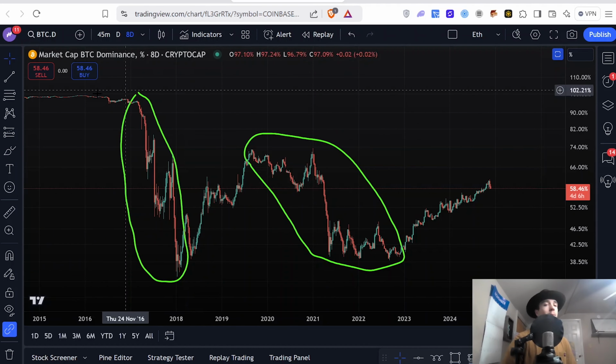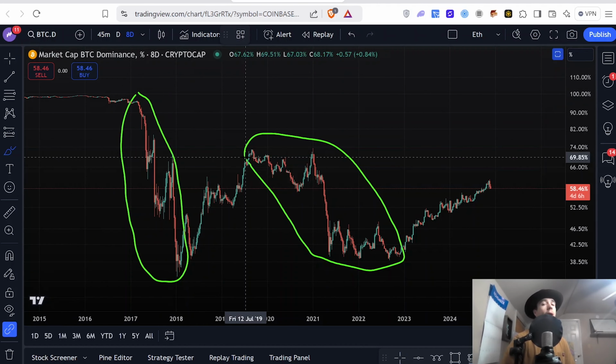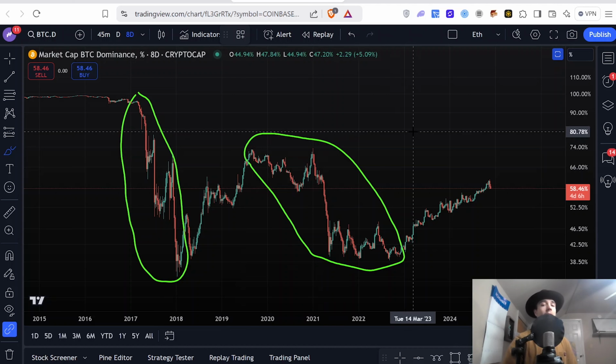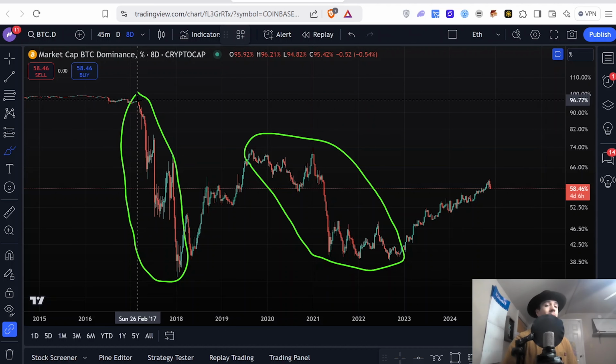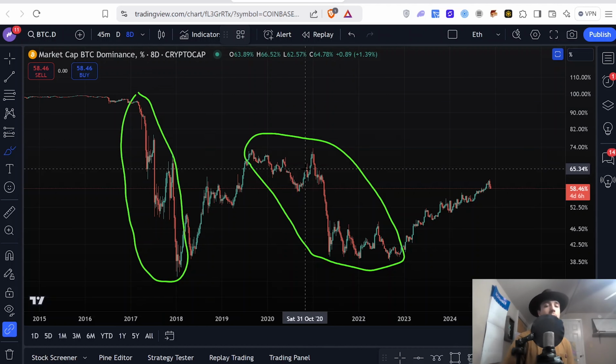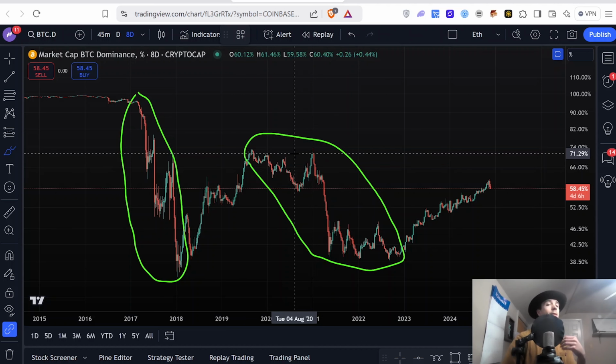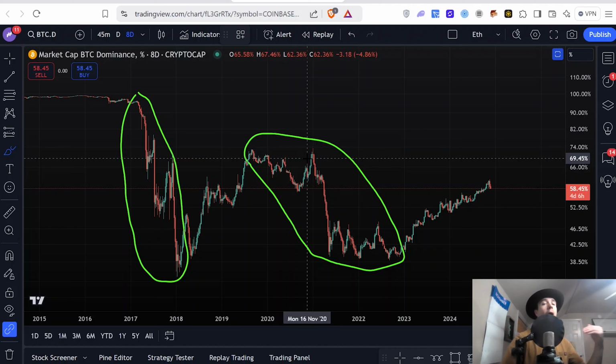The other thing is Bitcoin dominance at any point in time could top out. As you can see, Bitcoin dominance did top out in 2017, and Bitcoin dominance topped out in 2021. In both cases, you can see Bitcoin dominance topping out and the price of altcoins moving faster than the price of Bitcoin.